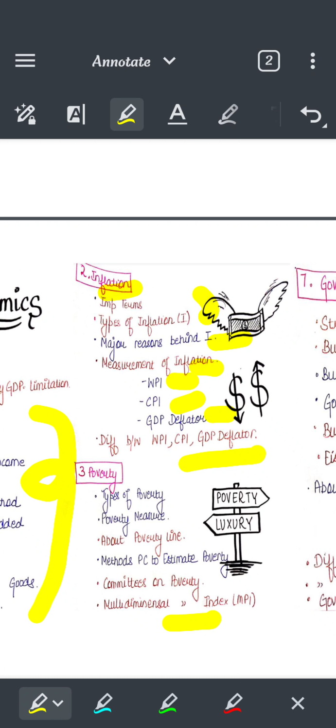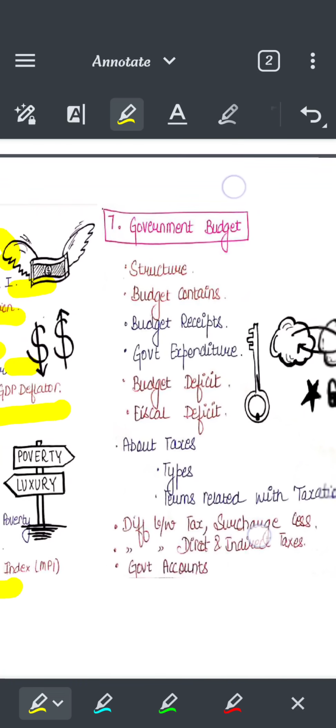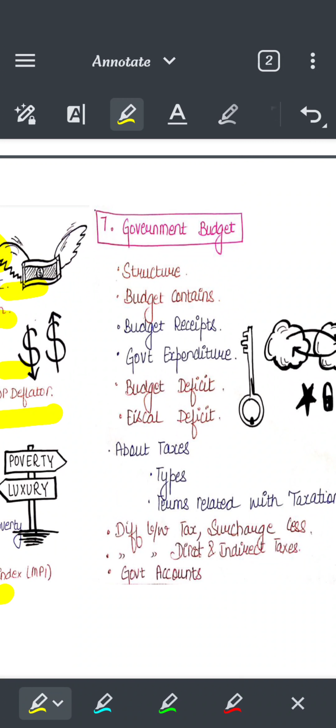This is why the Learnbymaps notes are very important, and they help you compile all the information from various sources at one place only. So you don't have to refer to multiple books if you are studying from these notes.